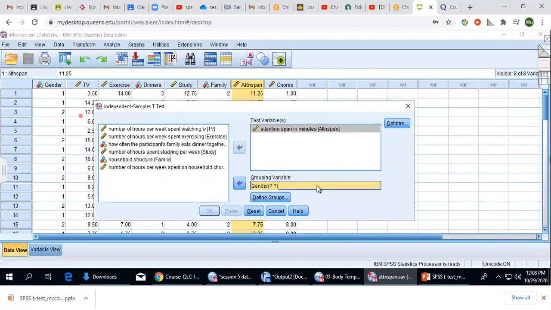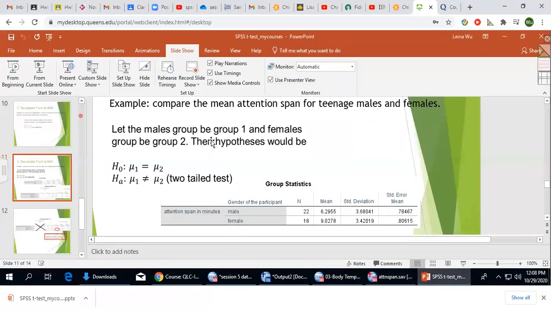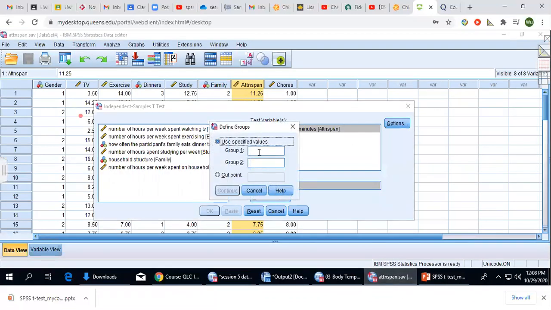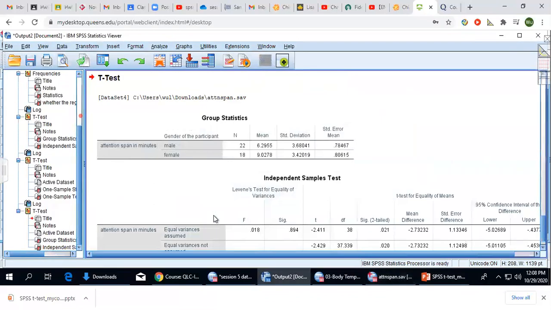At the same time, you have to define the groups. Group 1 is male, group 2 is female. For male, its value in gender is 1. For female, its value in gender is 2. So 1 and 2, continue, hit OK.